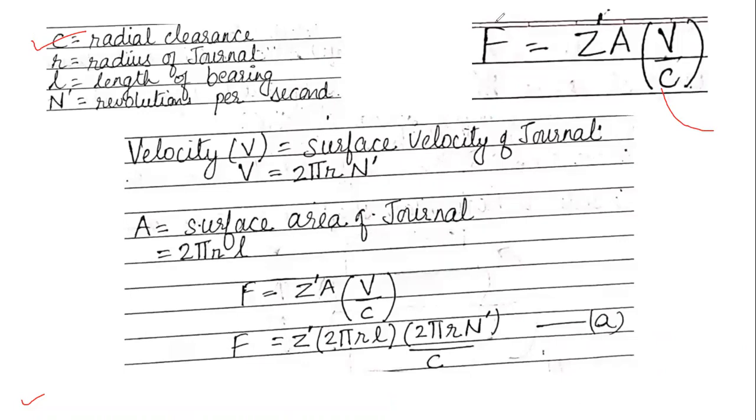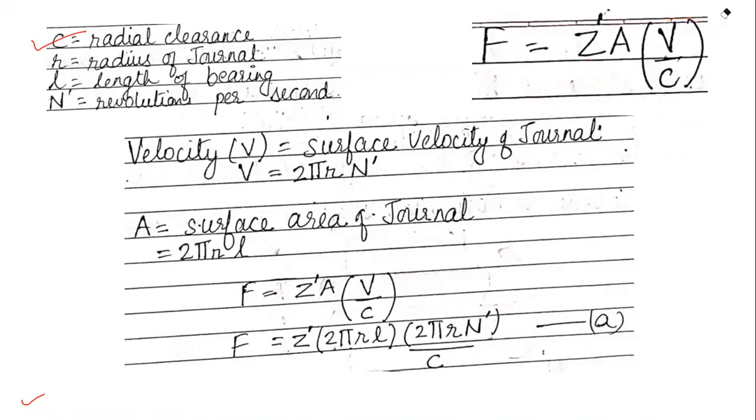So in the previous formula, instead of H, I'm writing C, that is radial clearance. So the formula now becomes F, that is force of friction, is Z dash, that is absolute viscosity, A, that is surface area, V, that is velocity upon radial clearance, that is C.